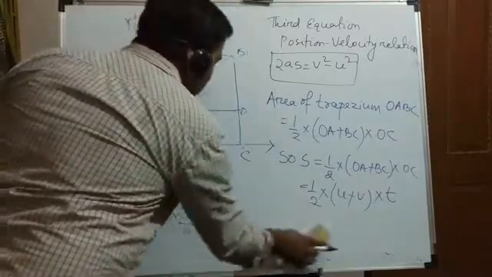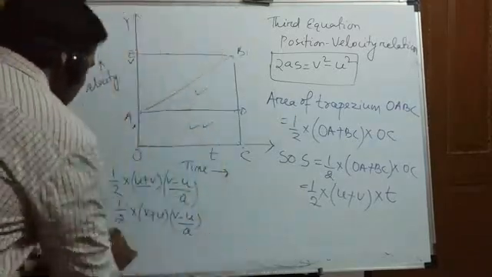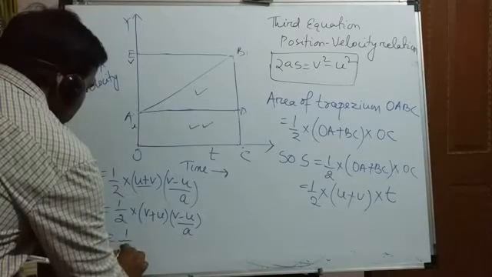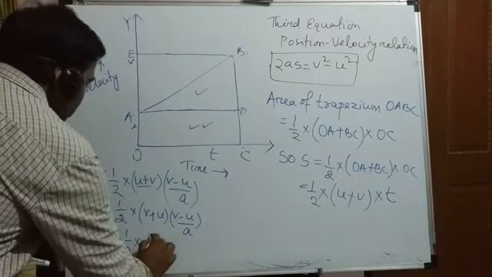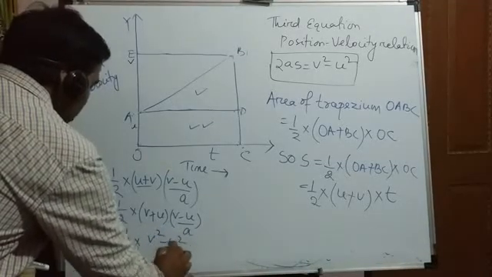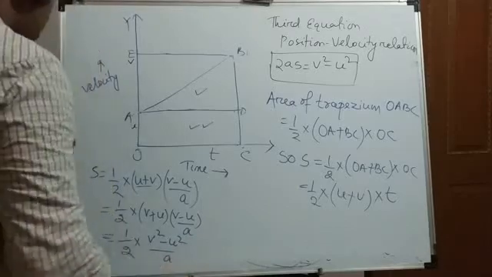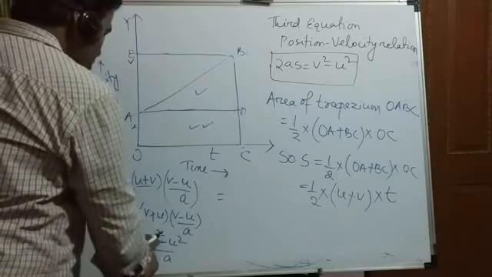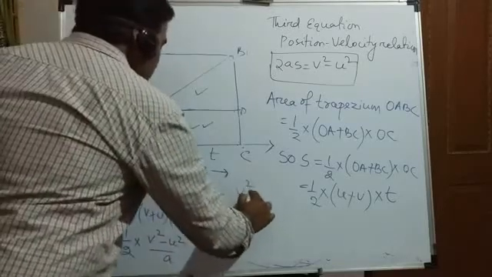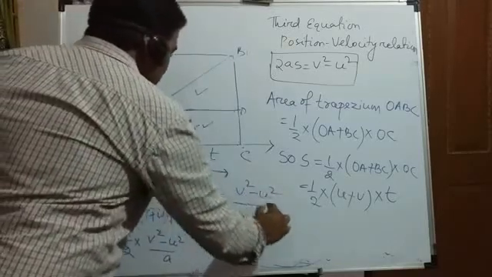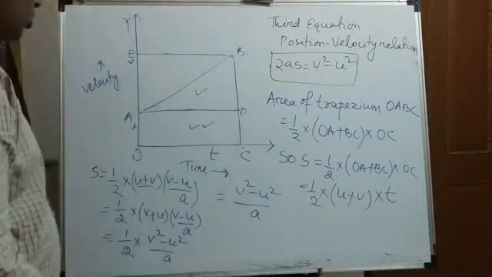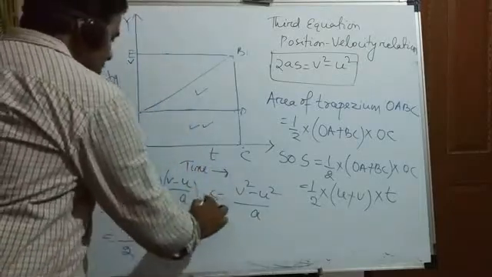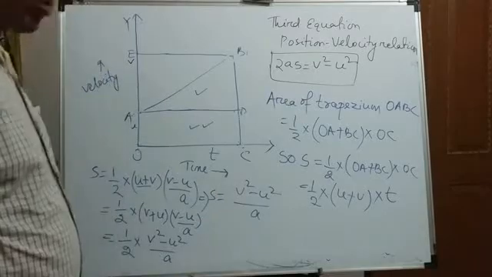We can put the formula here: S is equal to half into V square minus U square by A.